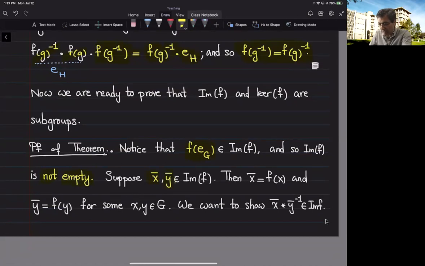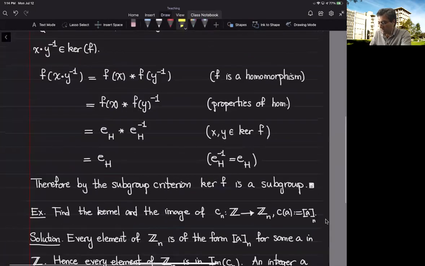Because both of them are in the image, x bar is F of something and y bar is F of something, where x and y, these somethings, belong to the domain G. Now I'm interested in the first one, my group operation, inverse of the next one, and I need to show that this belongs to the image. So let's play with this side.